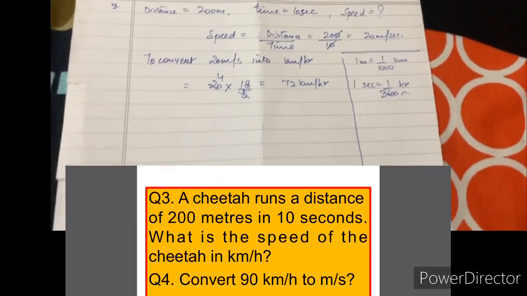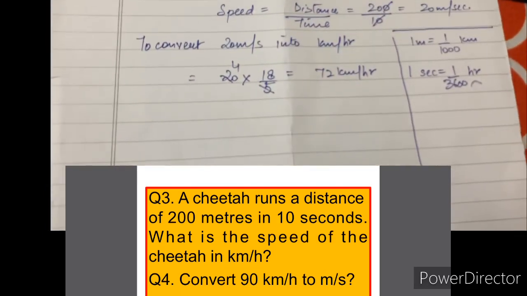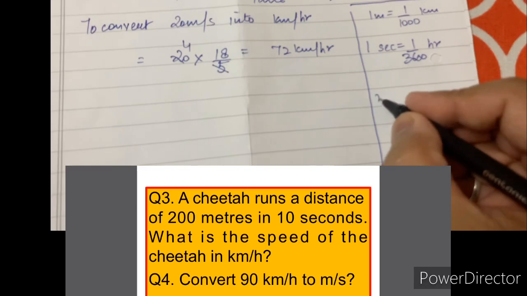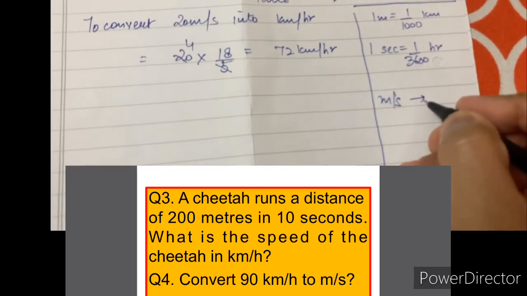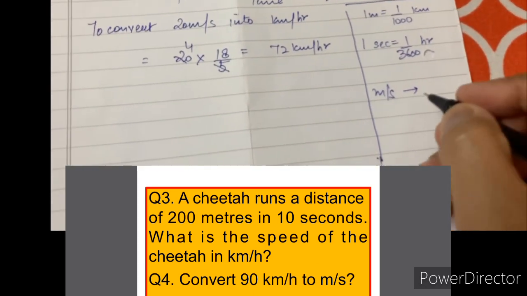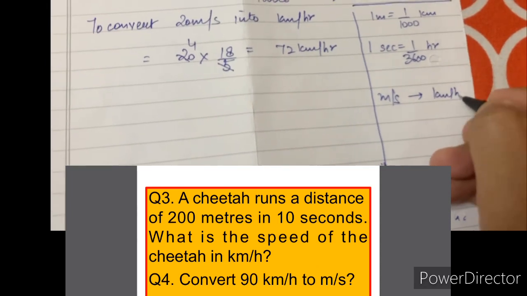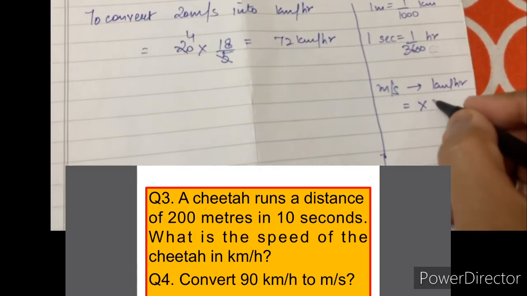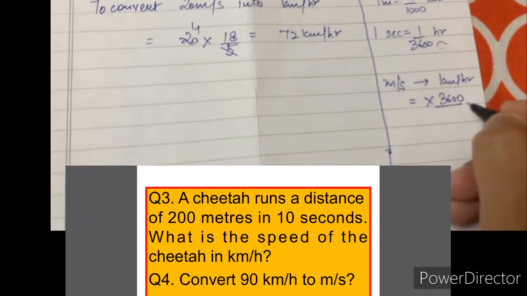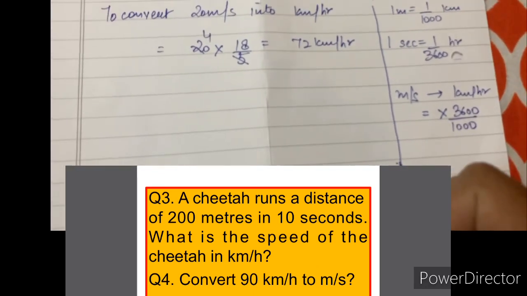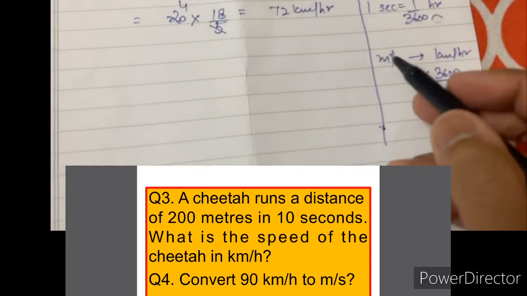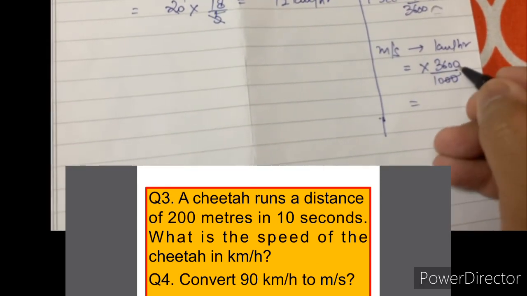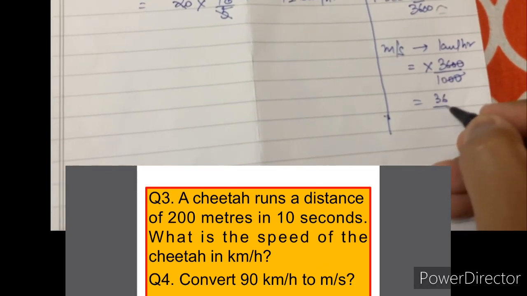So if we are going to convert meter per second to kilometer per hour, we have to multiply with 3600 divided by 1000. Meter will change to kilometer and second will change to hour, that is equal to 36 divided by 10.